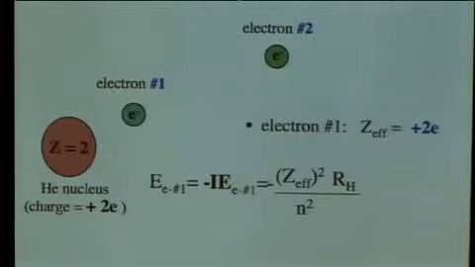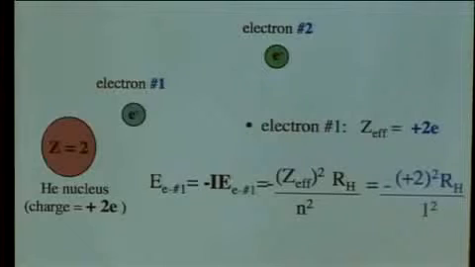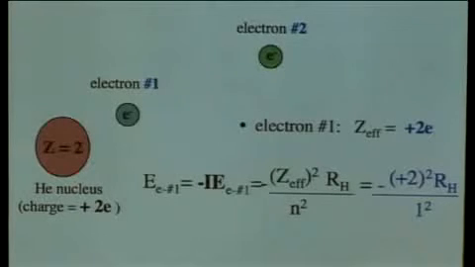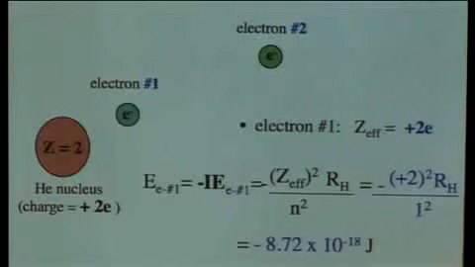So if we write in our numbers now, saying that Z effective is equal to 2, we get -2 squared RH, all divided again by 1 squared. We're still talking about a 1s orbital here. And if we do that calculation, what we find out is that the binding energy in this case where we have no shielding is -8.72 times 10 to the -18 joules.